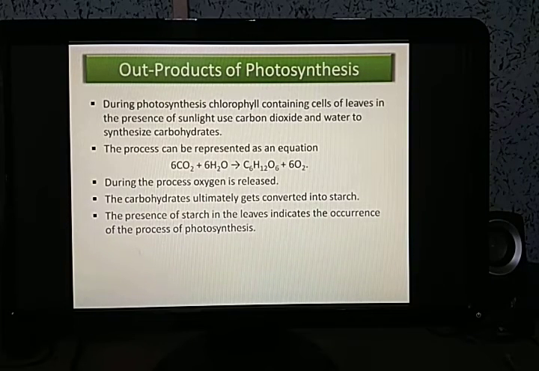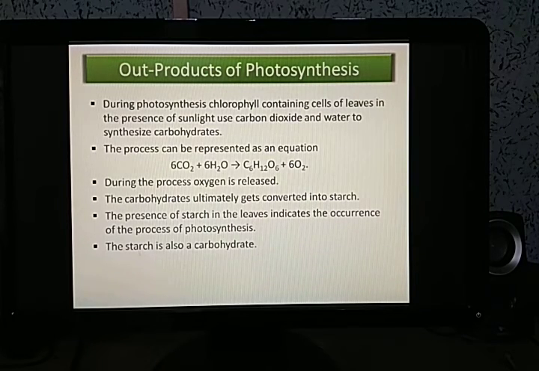You can see in your textbook how you can detect the presence of starch in the leaves. There is a small iodine test activity you can see. So since there is a presence of starch in the leaves, we can say that there is the occurrence of photosynthesis.